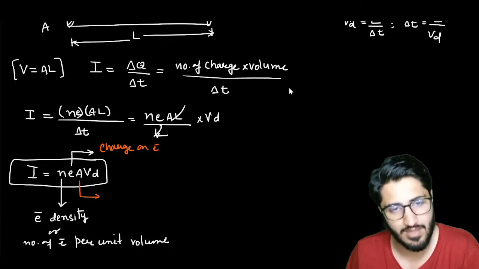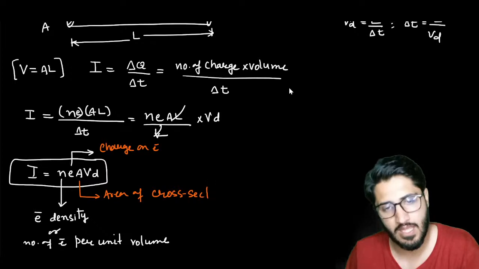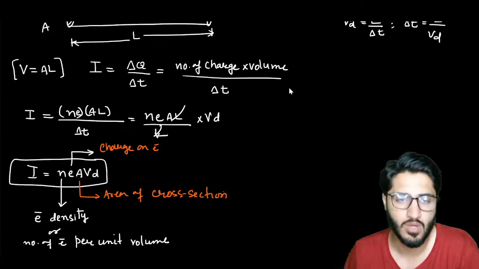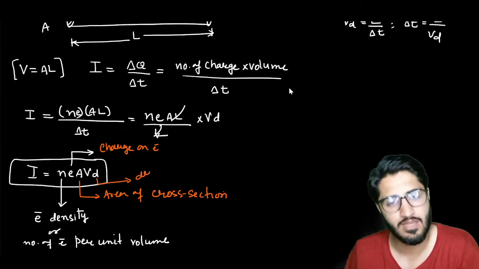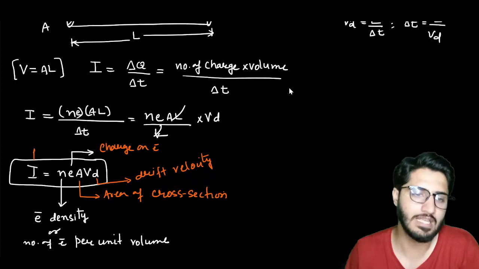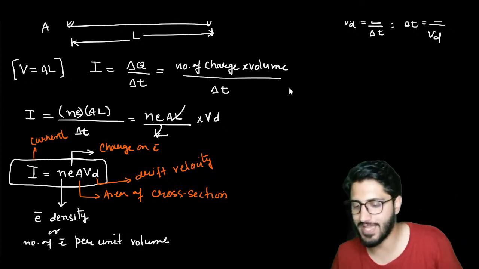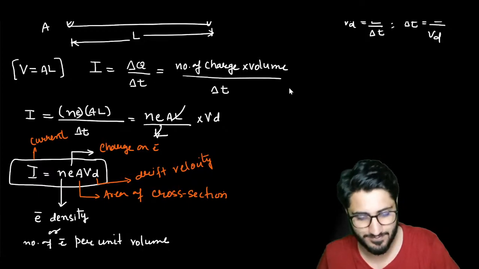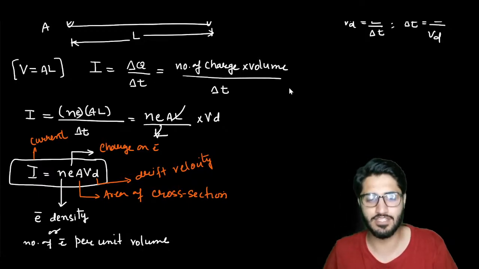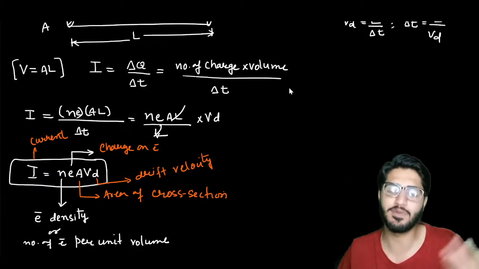What is A? Area of cross section. What is Vd? Drift velocity. What is I? Current. So my current equals NEAVd.